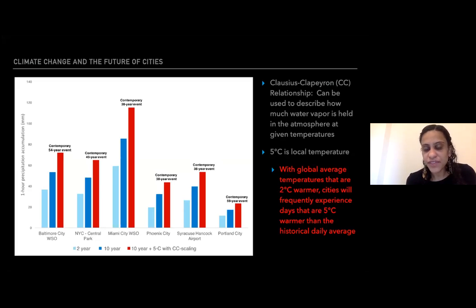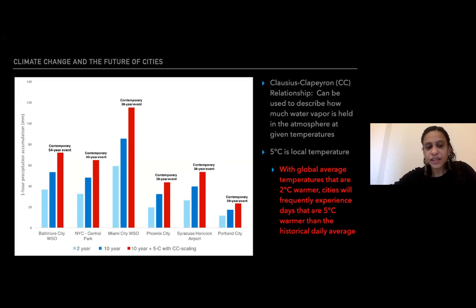And so, we can think about the Clausius-Clapeyron relation, which is used in one way to represent how atmospheric moisture, or the potential saturation atmospheric moisture, increases with temperature. And so if you just use a linearized form of the Clausius-Clapeyron equation, and you consider what would happen locally in our various cities if on any given day for any given event it was 5 degrees warmer.